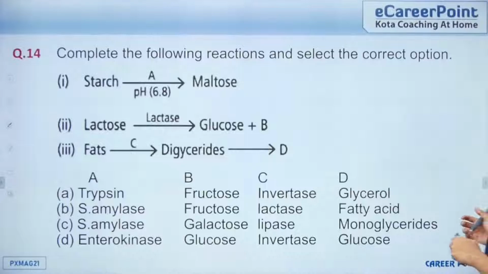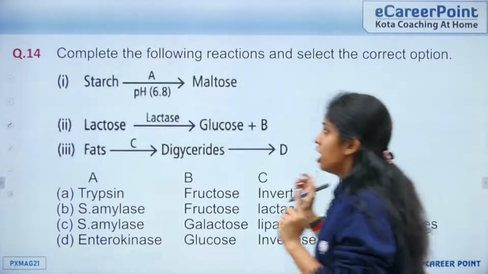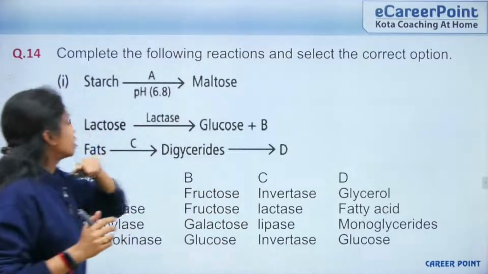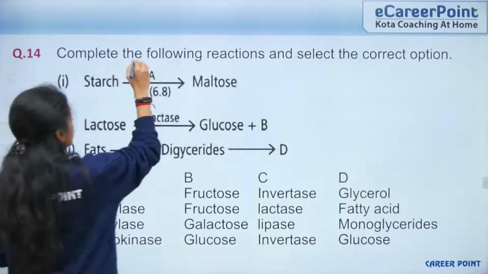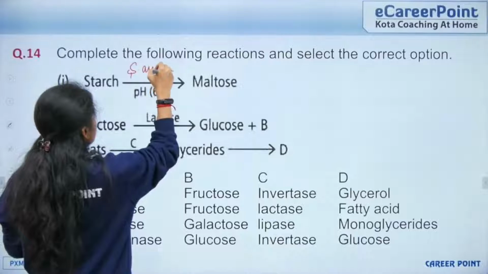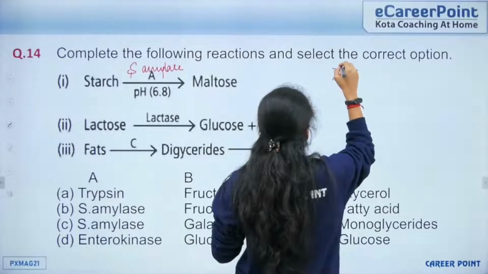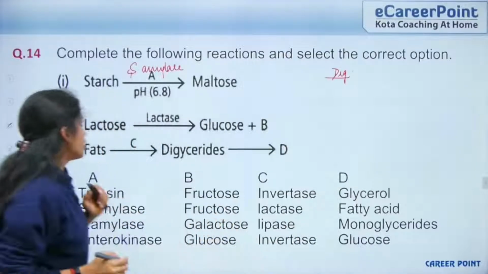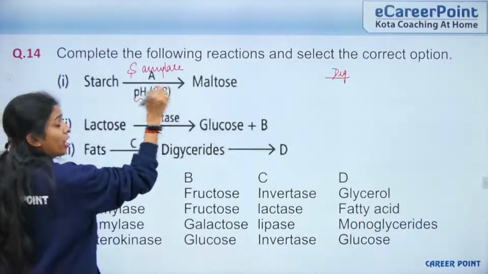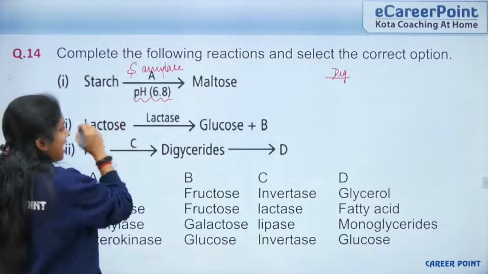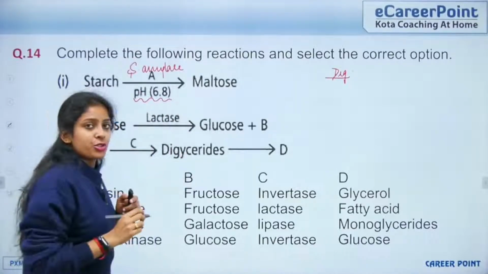Question 14, complete the following reaction and select the correct option. Starch gets converted into maltose in the presence of salivary amylase. This question comes from the chapter Digestion and Absorption. Here the pH is 6.8. Then lactose gets converted in the presence of lactase.